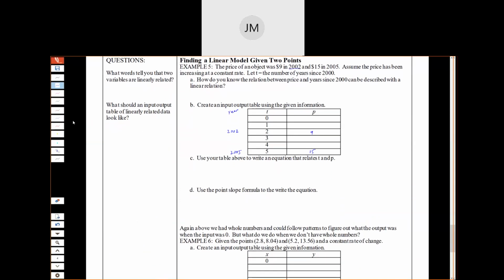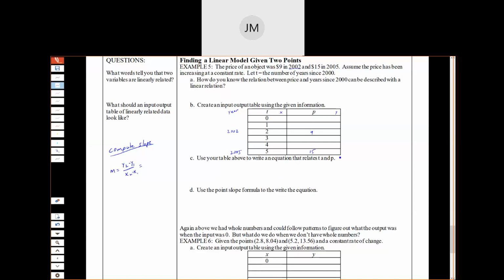So what I'm going to do is first compute the slope. That's y2 minus y1 over x2 minus x1. Or in this case, t's and p's. Your t's are going to operate like an x, and the p's are operating like an output y.